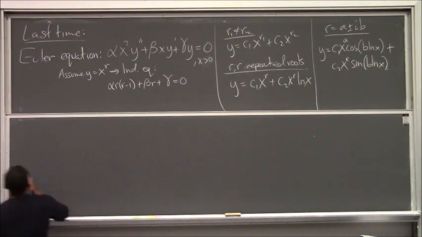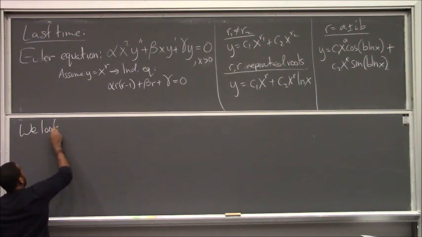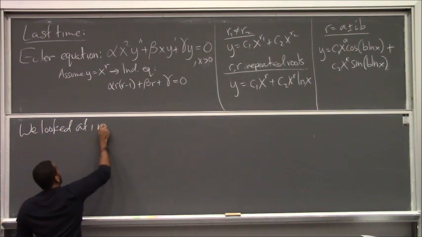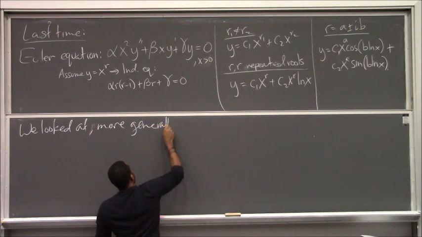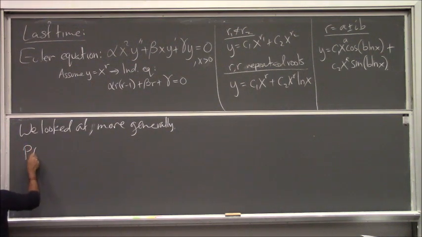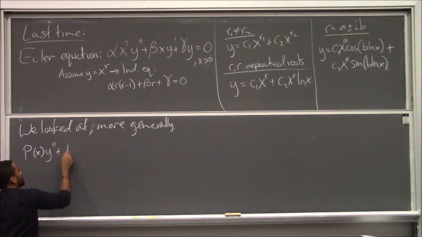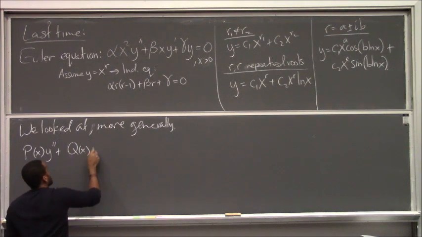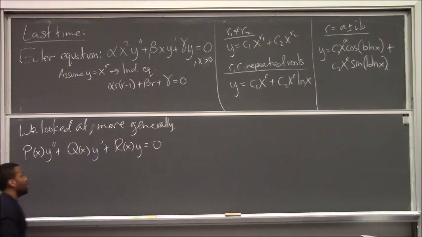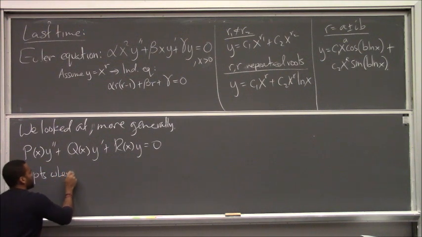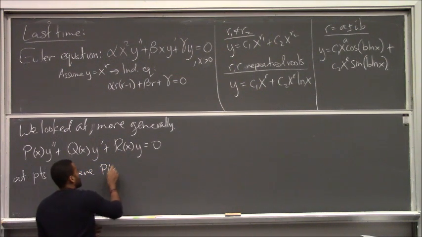So we also looked at, more generally, P of x y double prime plus Q of x y prime plus R of x y equals 0 at points x naught where P of x equals 0.